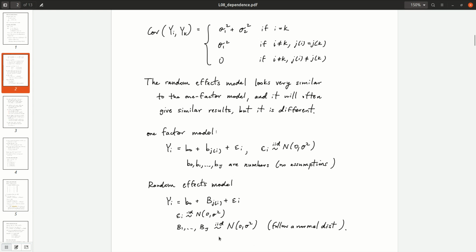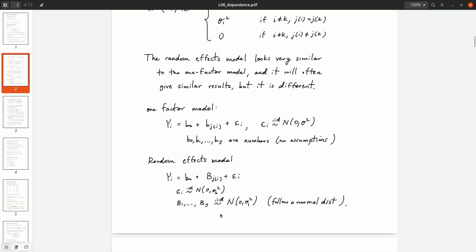The difference here is that these b sub j follow a normal distribution, whereas up here in the one-factor model, there's no assumption placed on the distribution of these numbers. Okay, now we fixed the typo here. This should be sigma 1 squared, sigma 2 squared. So the variance of the effects is potentially different from the variance of the errors.